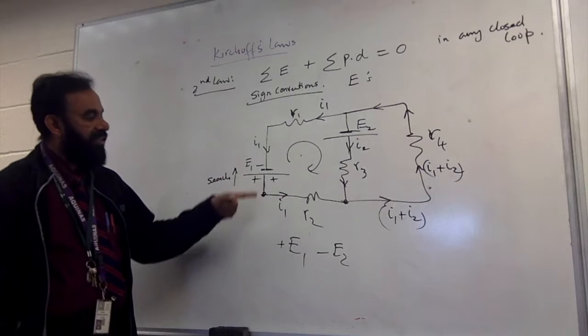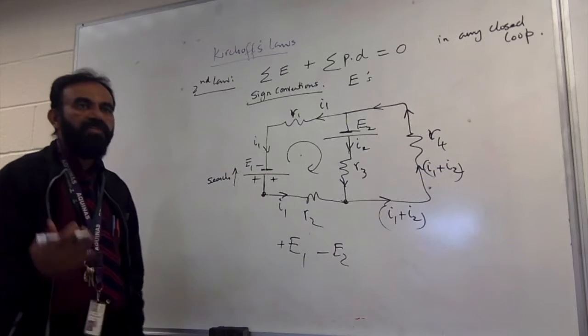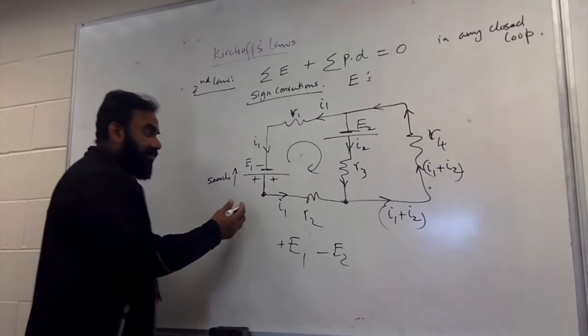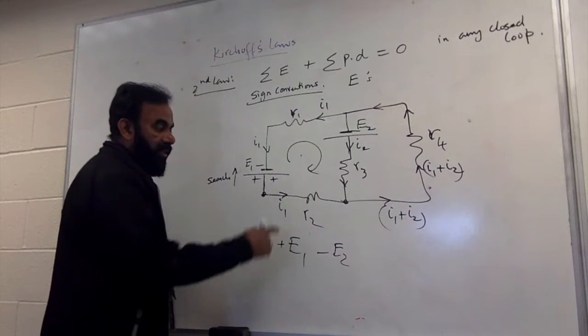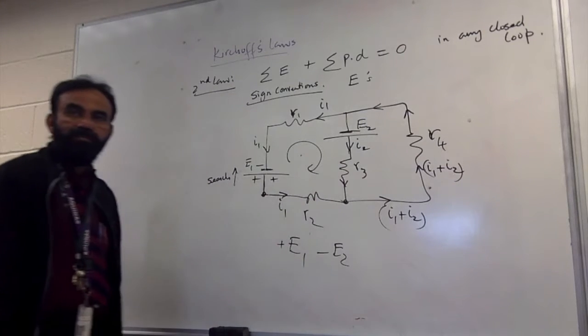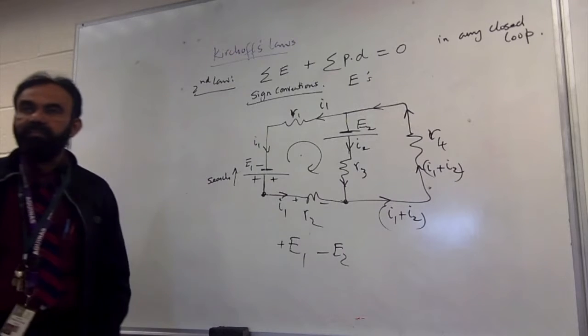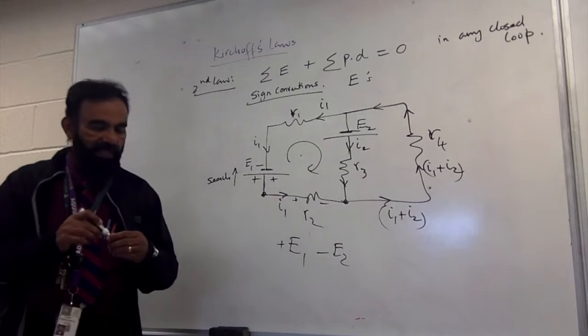Alright, so now the next thing to do is to look for the potential differences. Now, potential difference depends on which way you're searching. If this current is going in this direction, which end of this is positive? The entry is positive and this is negative, right? The current enters and leaves.